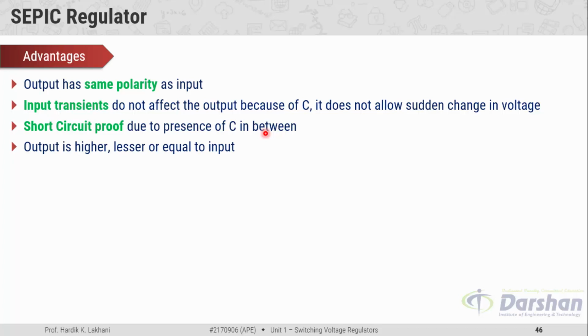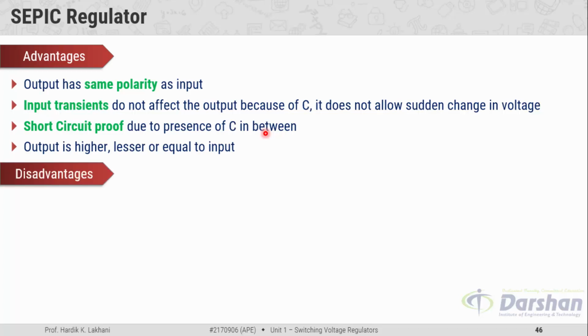If the duty ratio is exactly 0.5, then the output voltage is the same as the input DC voltage. And for a duty ratio greater than 0.5, the output DC voltage becomes greater than the input DC voltage.